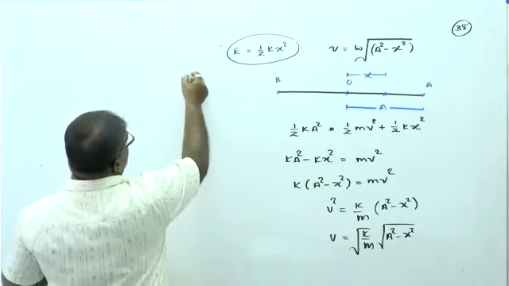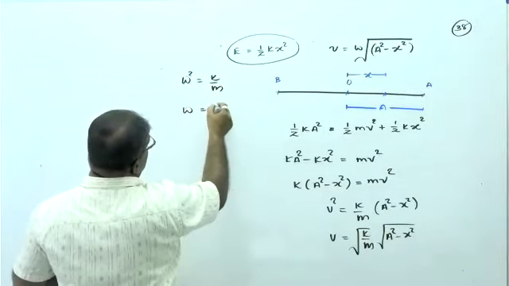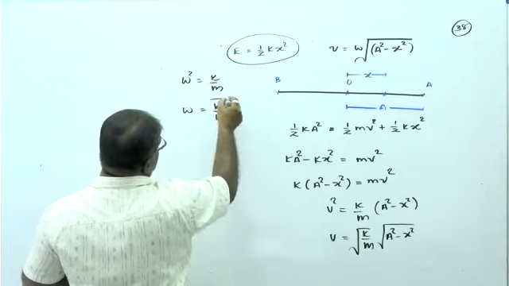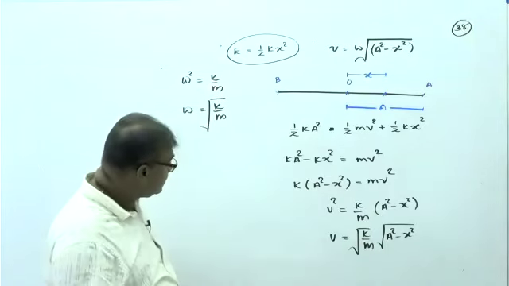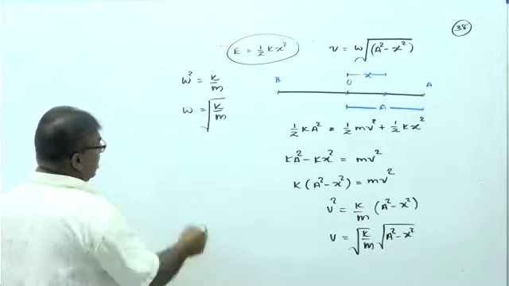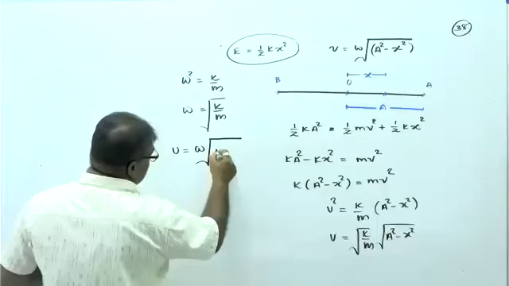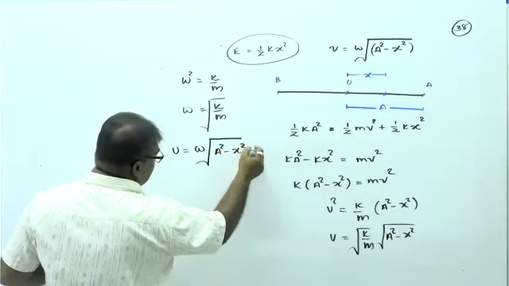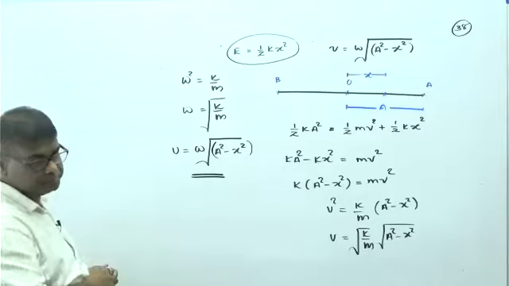Initially we got ω² = k/m, so ω = √(k/m). Then instead of √(k/m), we can apply ω. Therefore, v = ω√(a² − x²). Done. This is the derivation.